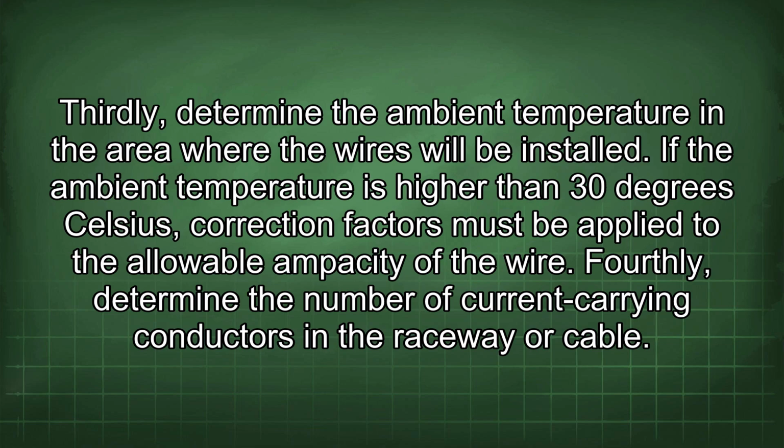Thirdly, determine the ambient temperature in the area where the wires will be installed. If the ambient temperature is higher than 30 degrees Celsius, correction factors must be applied to the allowable ampacity of the wire. Fourthly, determine the number of current carrying conductors in the raceway or cable.